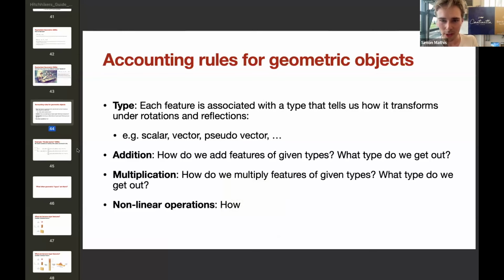If we know what type this is and what type that is, we need to know how we can add them, and what type the output is. We also need to know how to multiply them, and what type we get out. And non-linear operations: we need to know what sort of nonlinear operations we're allowed to do with these.